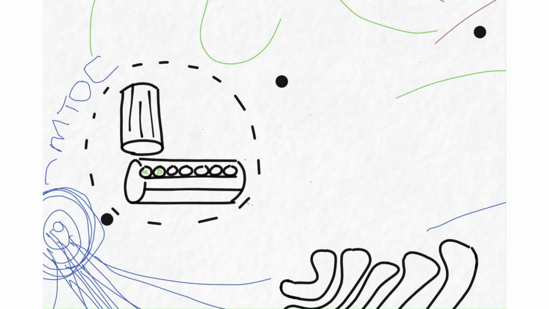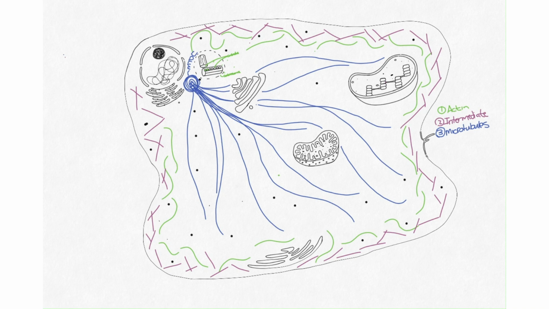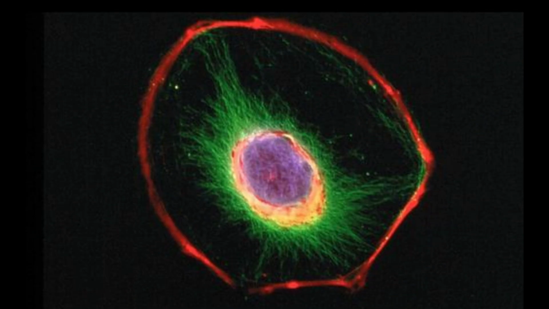Inside the centrosome, 2 centrioles can be seen positioned at right angles. These centrioles consist of a ring of 9 triplets of short microtubules. The function of the centrosome is not entirely known, but it is well known that centrioles attach to centromeres on the chromosome to move them about the cell during cell division.